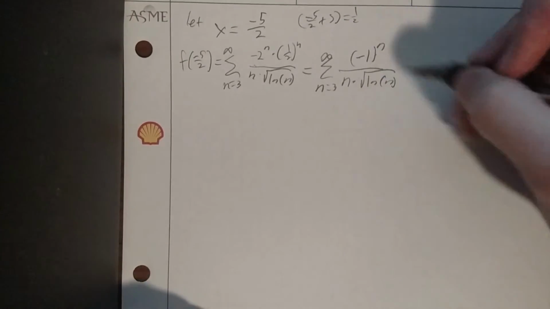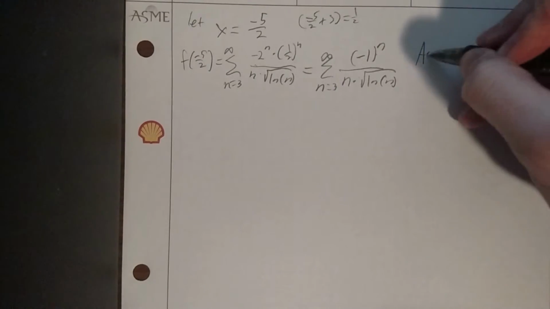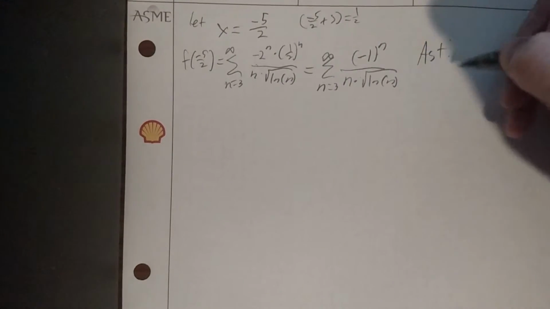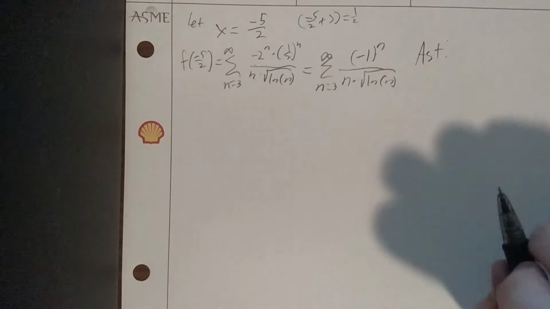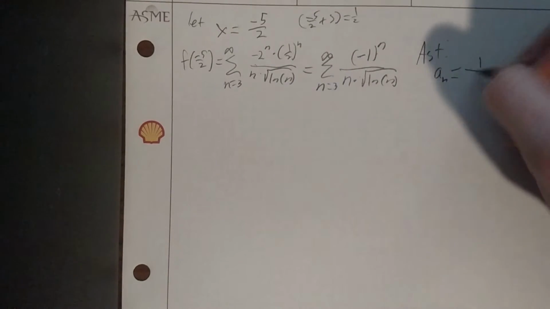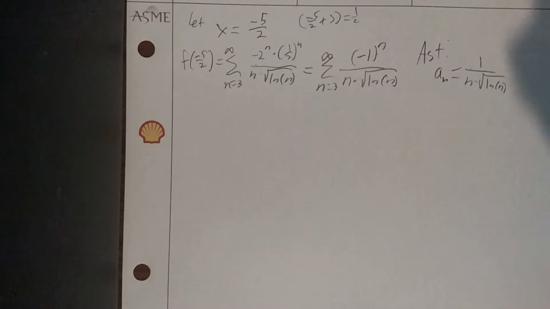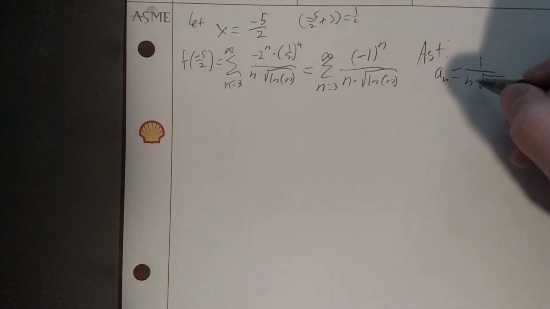So here, because we have an alternating series, we can use the alternating series test, AST. So we need to find the positive part of the series. We'll call that A of n. A of n is equal to 1 over n times the square root of the natural log of n. And we can see that A of n is always positive and always decreasing.